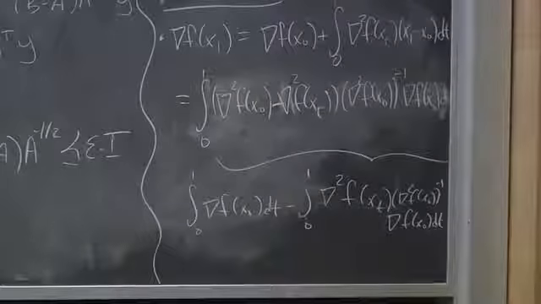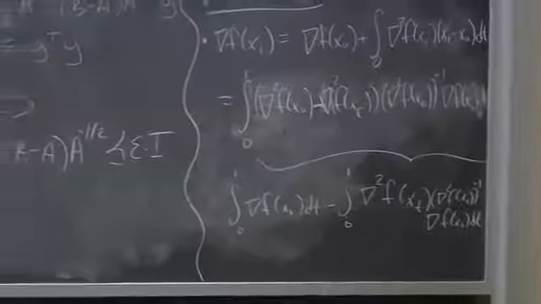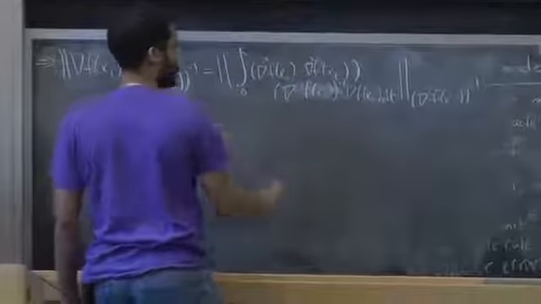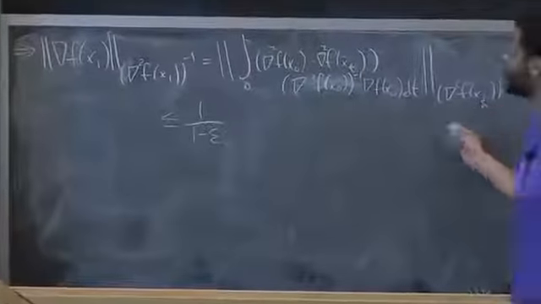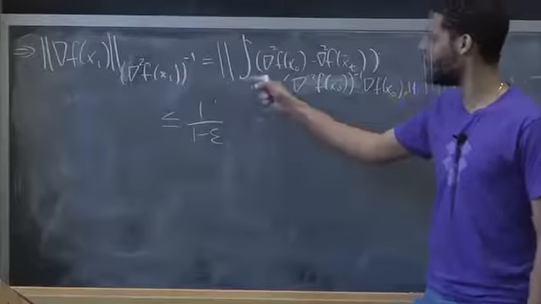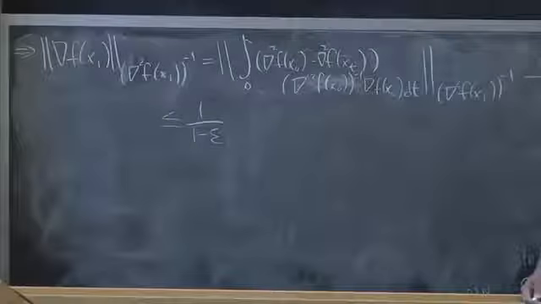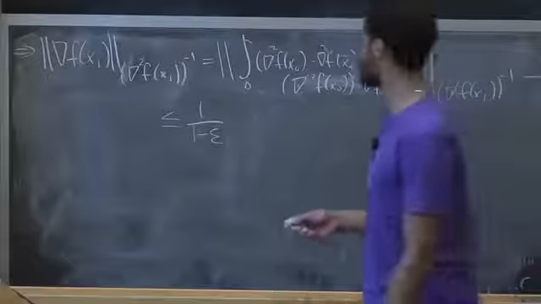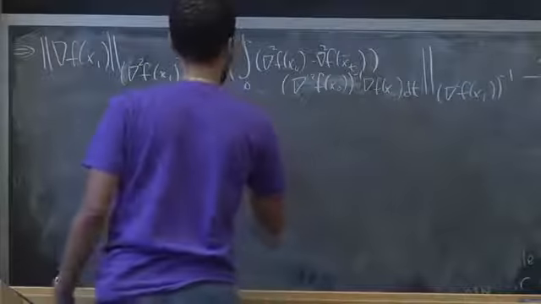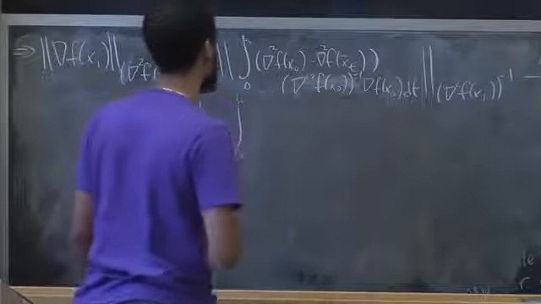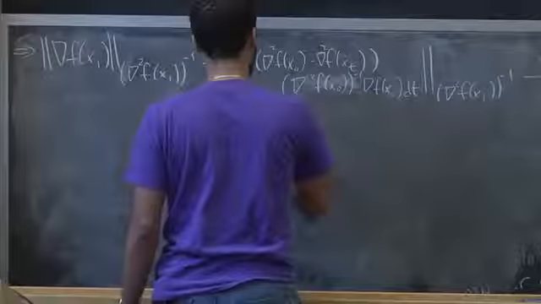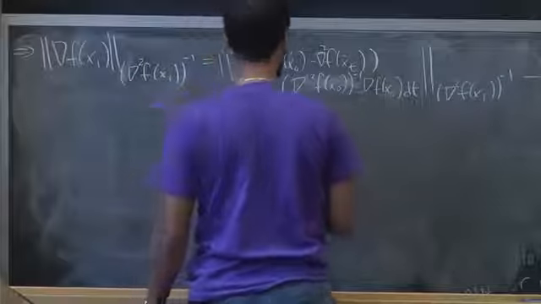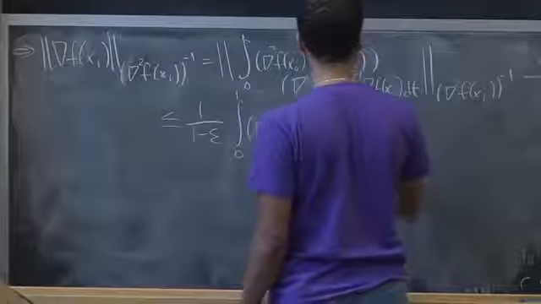Okay. Good. So this thing here is at most 1 over 1 minus epsilon, where now I can switch the norm to the x0 norm. And also, I can bring the norm inside the integral, and that will only increase things as well. So this is at most 1 over 1 minus epsilon times the integral from 0 to 1 of the same thing. So Hessian at x0 minus Hessian at xt.